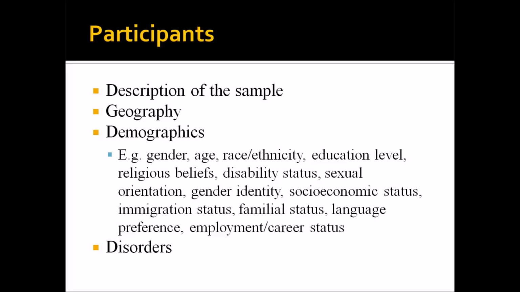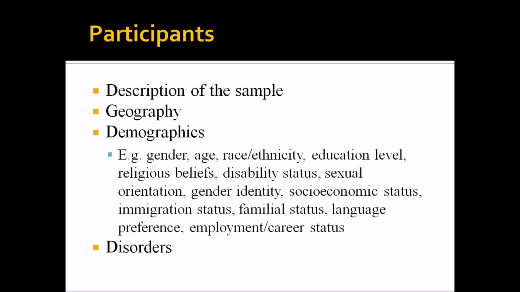Now, it is important to be aware you might not have access to all these demographic characteristics depending on how you set up your data collection. But if you can gather all these demographic characteristics and include them in the participant section, I think that is the most logical way to build that part of the participant section.